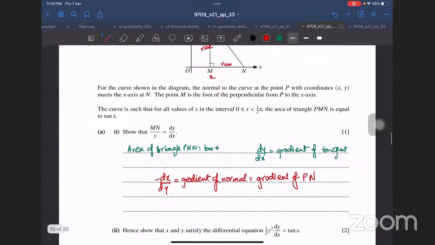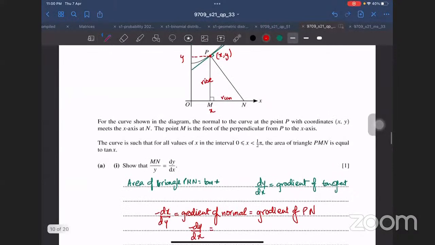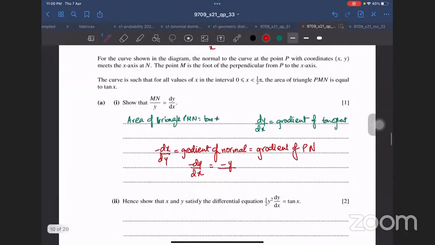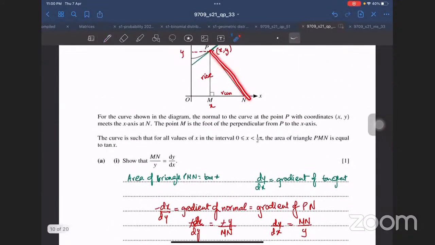Now, in order to calculate the gradient of PN, as I move from P to N, the line is falling, so the rise is negative y, and the run is MN. Minus dx over dy, sorry, is the negative reciprocal of the gradient of the tangent. I cancel this and take a reciprocal on both sides, and that gives me MN over y. I'm relying on the idea that the gradient of the normal is minus dx over dy, which is the negative reciprocal of dy by dx.